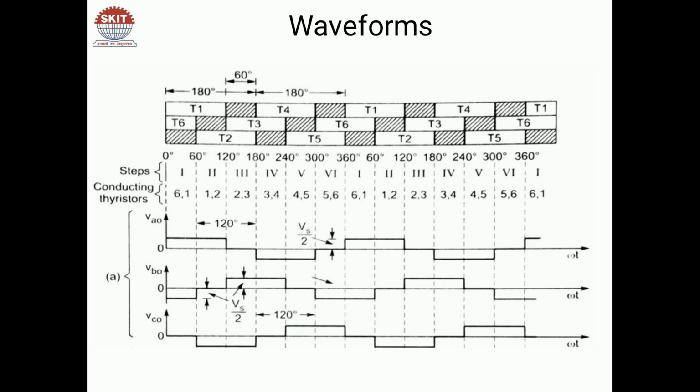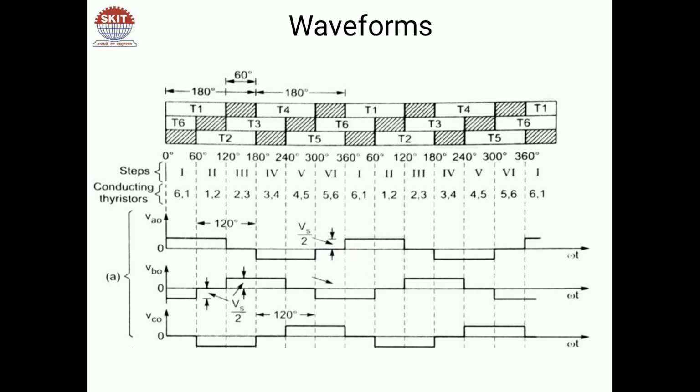Now from 240 to 300 degree, VA naught will be minus Vs by 2, and from 300 to 360 degree it will be 0.